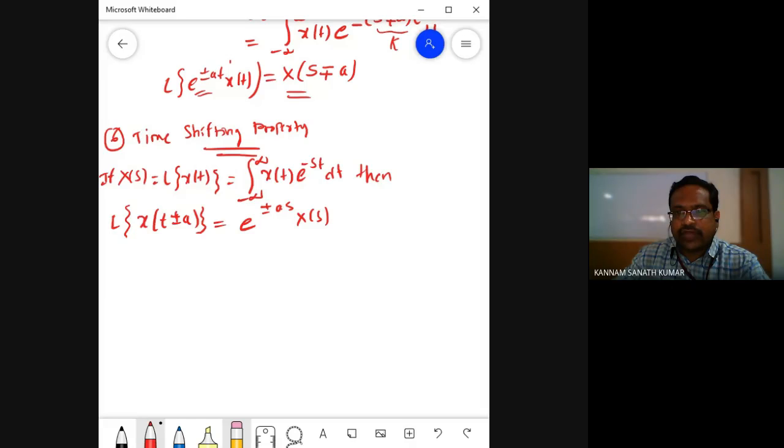So there will be no sign change. In the time domain, if it is shifted by a, that is t plus or minus a, it gets multiplied with the exponential signal e power plus or minus as in the frequency domain.